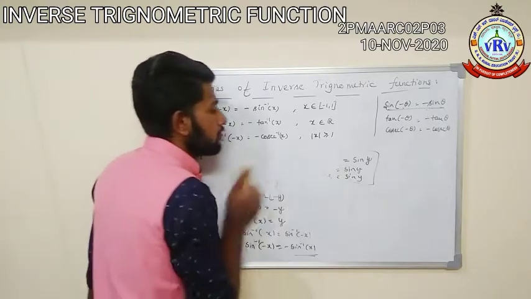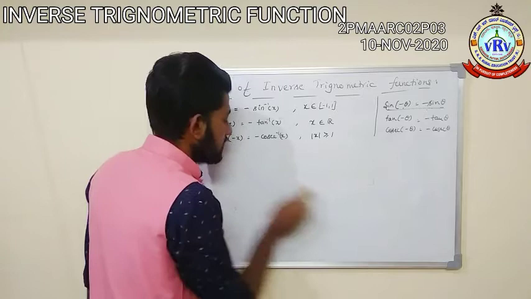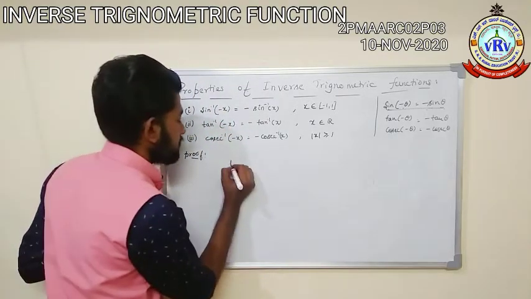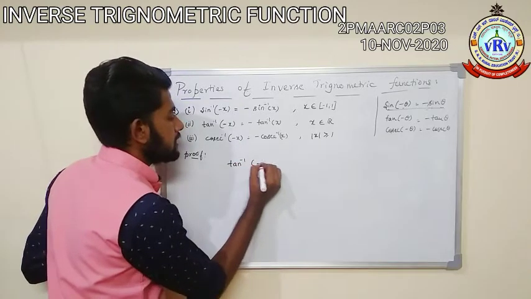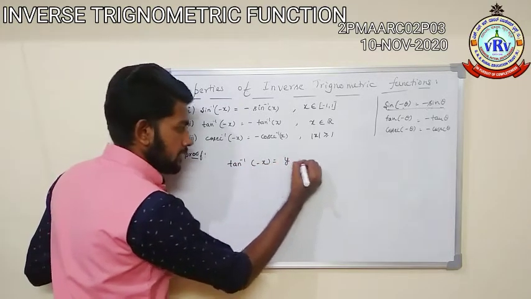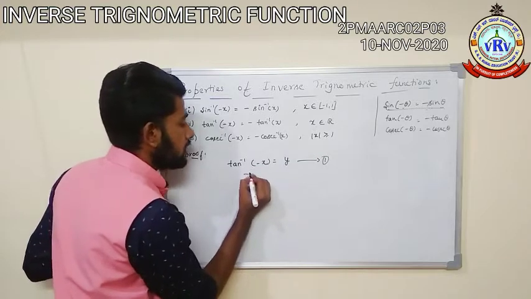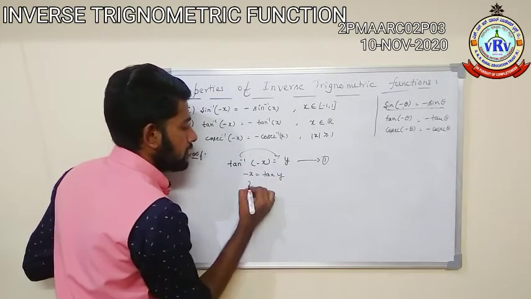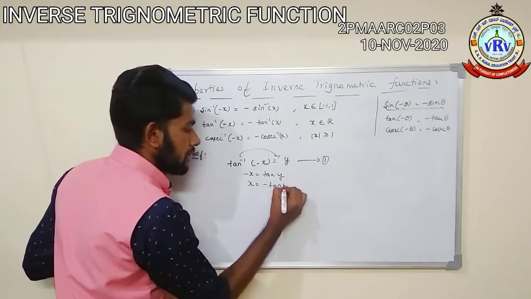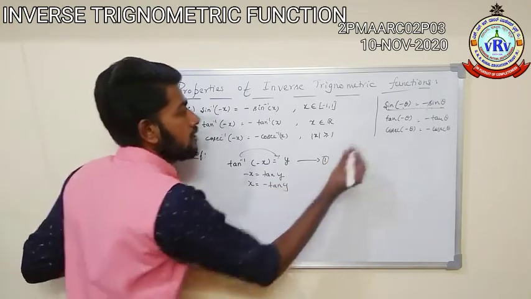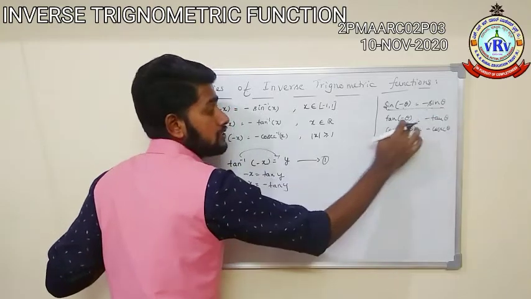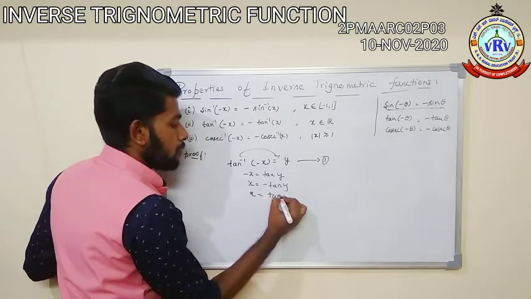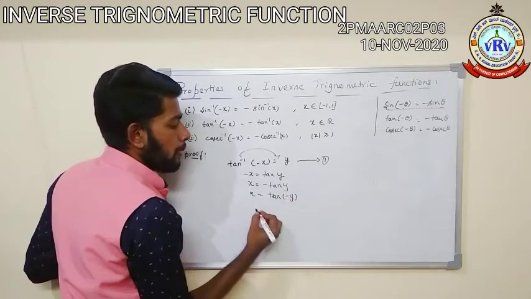Next, similarly, we can prove the second part of the second property. In that, we have the tan function. Let me take tan inverse of minus x as y. Take this as equation 1. Minus x is equal to tan y, and x is equal to minus tan y, shifting the sign to the other side. We know minus tan y is equal to tan of minus y. I am applying that property of the tan function.